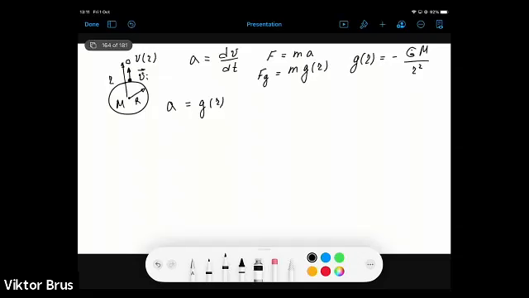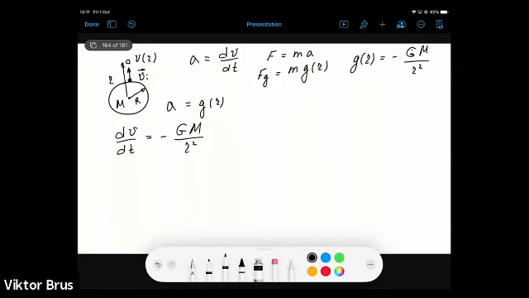So we can write that dv over dt is equal to minus G, the gravitational constant, times the mass of the planet divided by r squared.